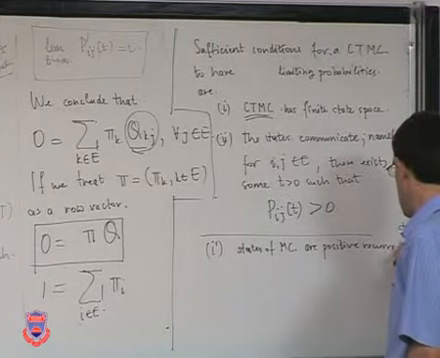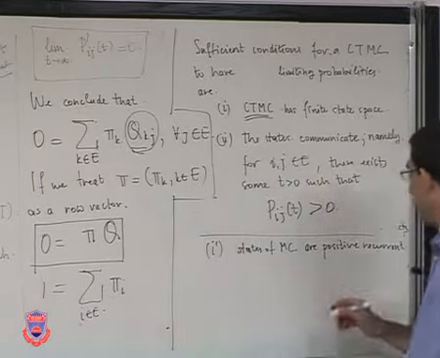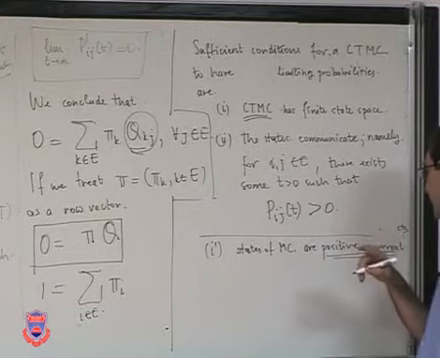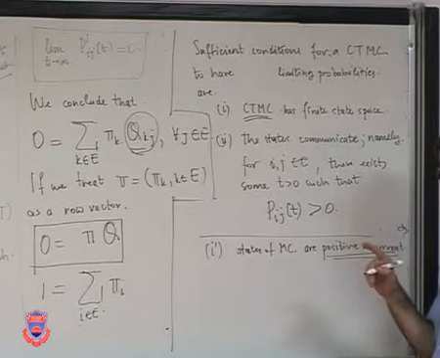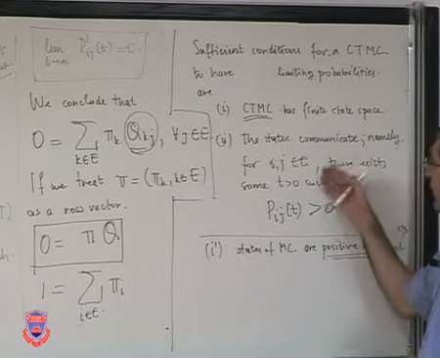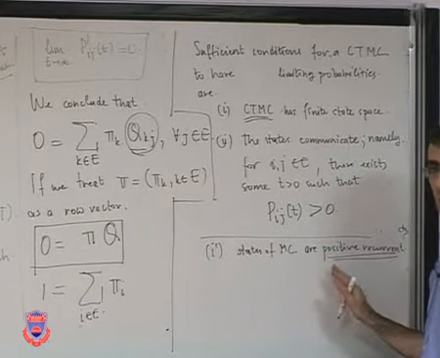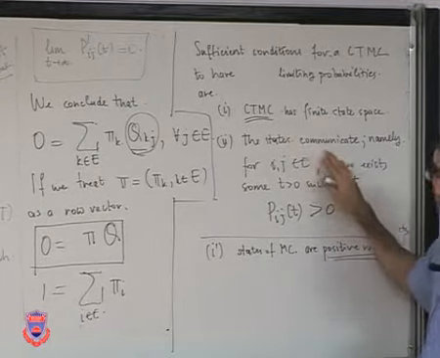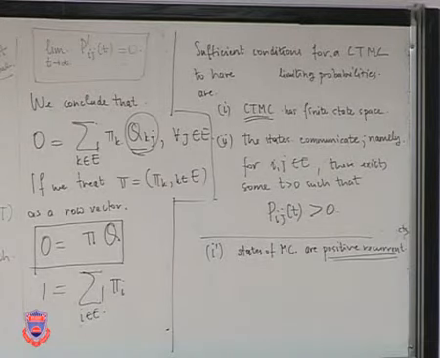A term that we did not discuss in our discussion of Markov chains, but this basically means that each state is going to be visited infinitely often. If we have a finite number of states and they all communicate with each other, then this is always going to be the case. So having just finite state space along with the second statement would imply that the chain is going to be positive recurrent all the time.